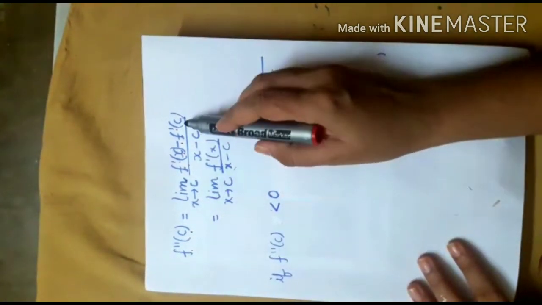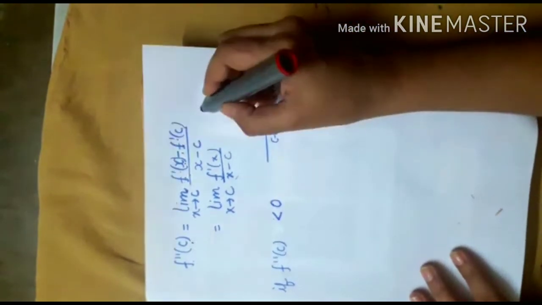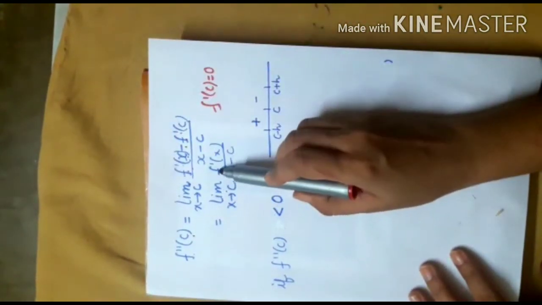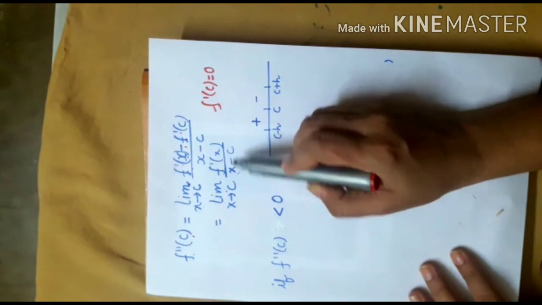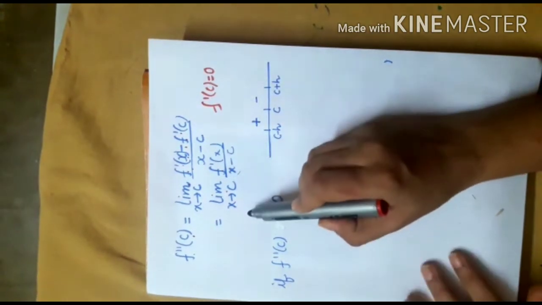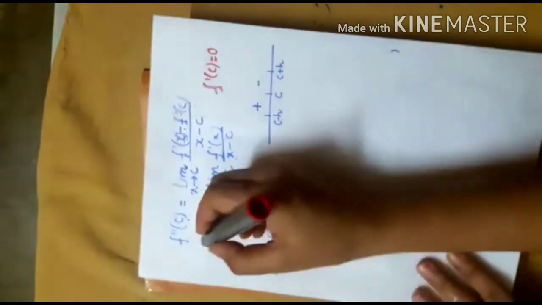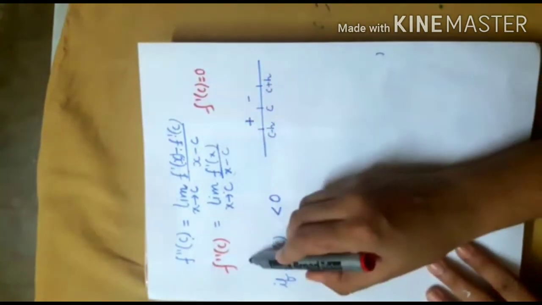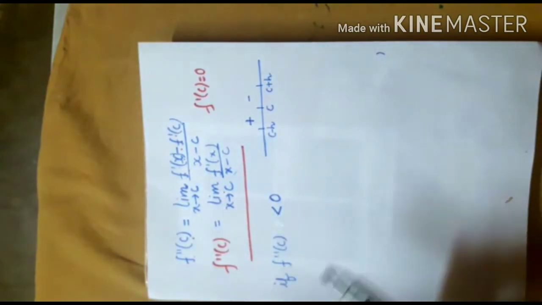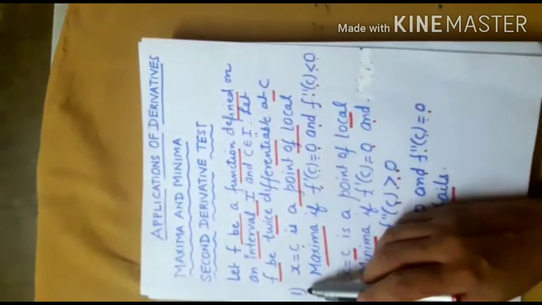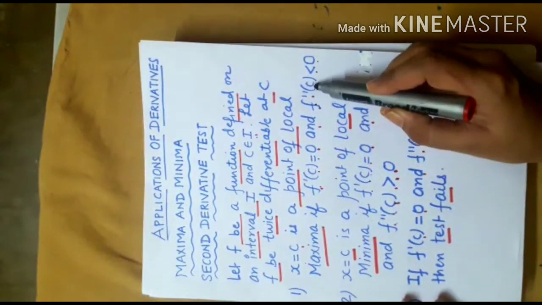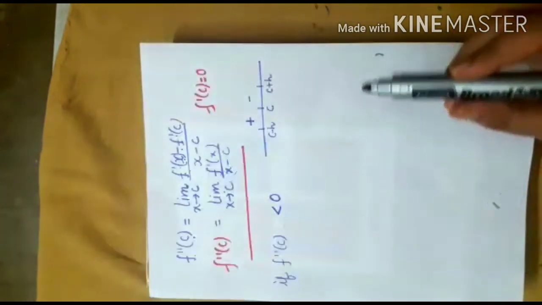So here, as f dash c is equal to 0, I'll get the limit of f dash x over x minus c as x approaches c. This is the second order derivative, right? Now see the first condition. Second order derivative at c is negative.